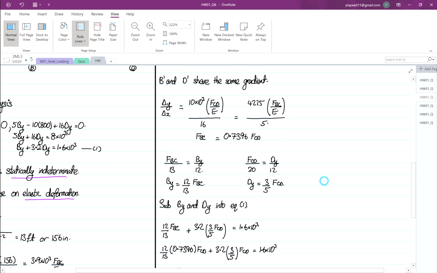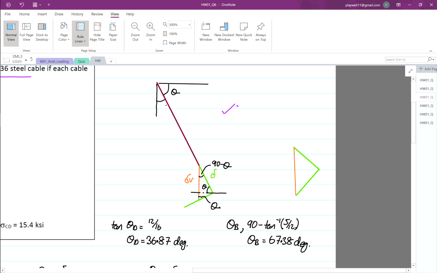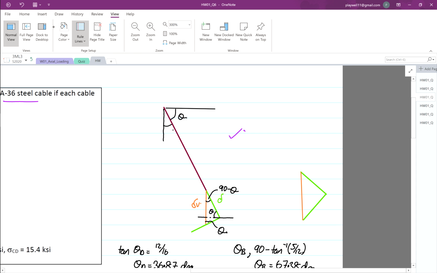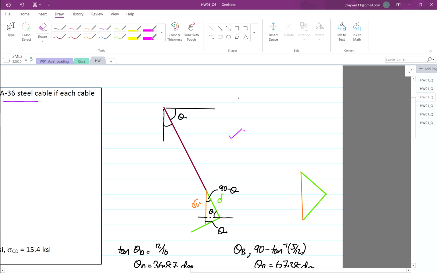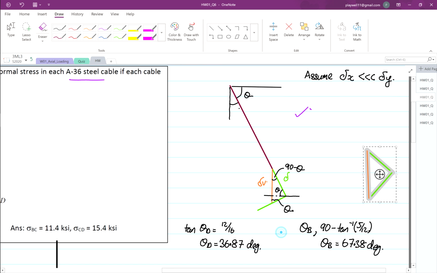Then from there, again, exactly the same thing I've drawn before, is this relationship with delta V. Again, we assume that the deflection in the x direction is very, very small compared to the deflection in the y direction. Not necessarily deflection, the movement, the position.